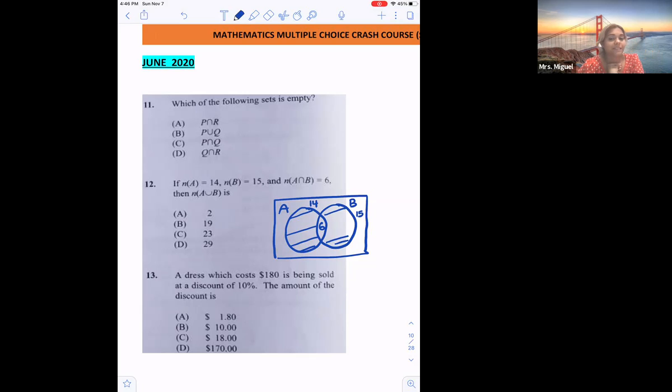And you can do number 13. We did that one just now. All right. For 11, P is the set containing prime numbers.